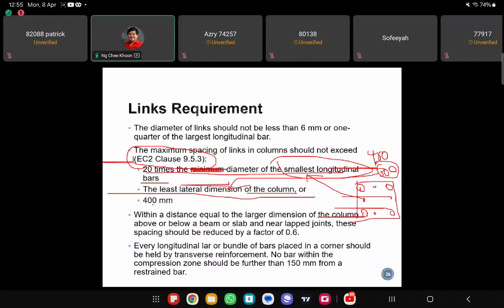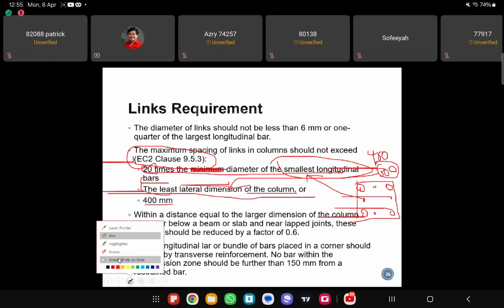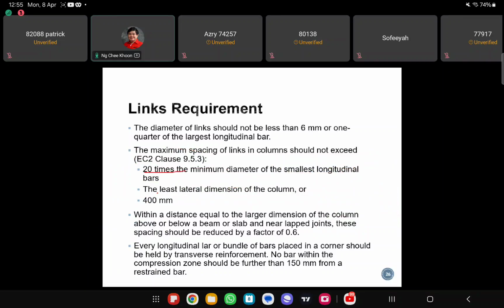And then the last one is 400 mm, which is a fixed number. So you have to calculate these and then use the least dimension of the column and 400 mm.